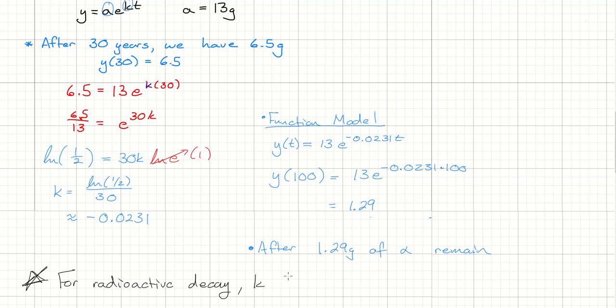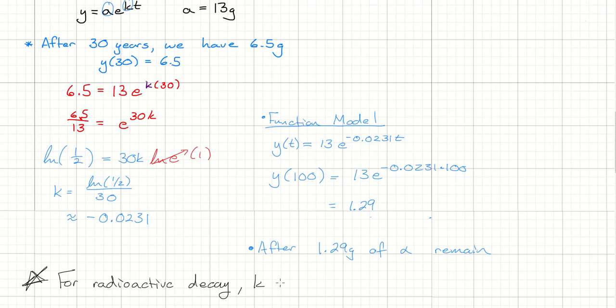K, the rate at which we decay, that's this decimal number here. This is just a percentage. It's a little tiny bit. Apparently we lose what? You got to think about this. This is 23 thousandths. So that's a little tiny percent, right?